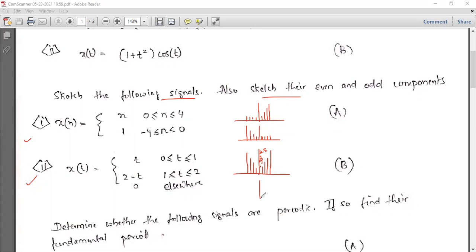So how is it divided by 2? The formula we have applied: x e of t equal to x of t plus x of minus t divided by 2. So what is this particular thing here? This is x of t plus x of minus t, right? What was the value here, by the way? This was 4, this was 1.